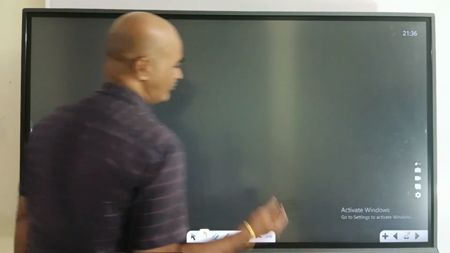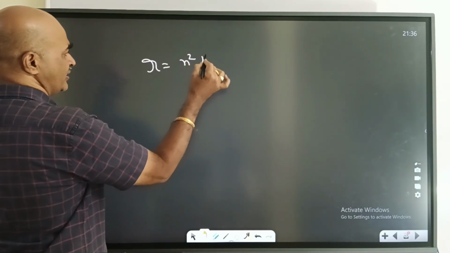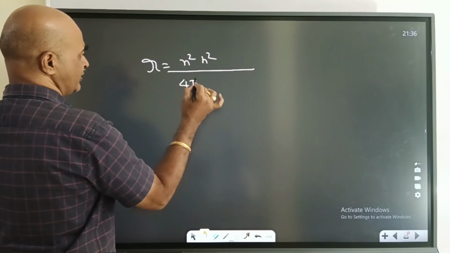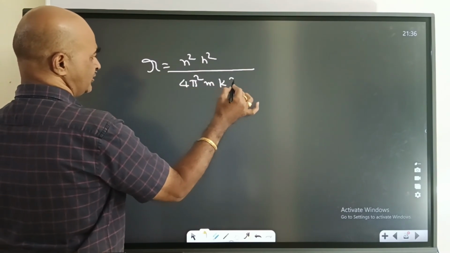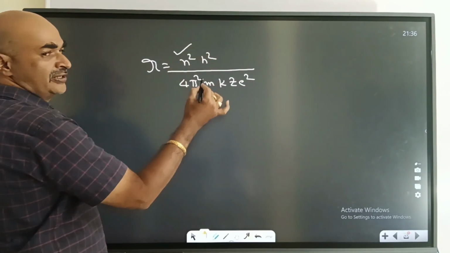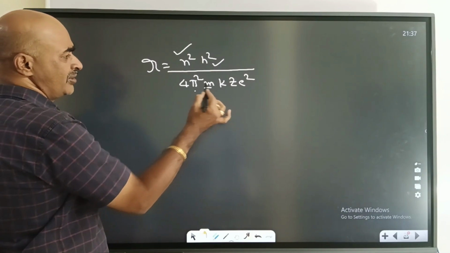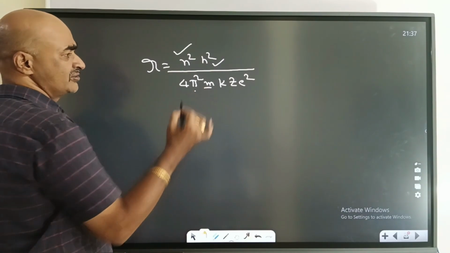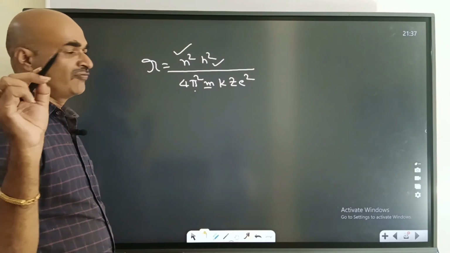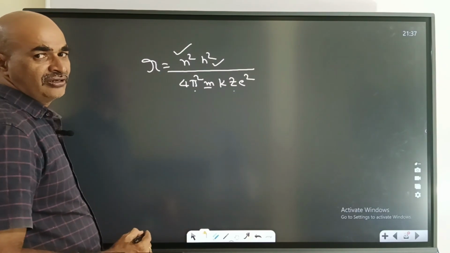Now the expression for radius r is equal to n square h square divided by 4 pi square m K Ze square, where n is the orbit number, h is Planck's constant, pi is 3.14, m is the mass of the electron, K is a constant 9 into 10 to the power of 9, Z is the atomic number, and e is the charge of the electron.